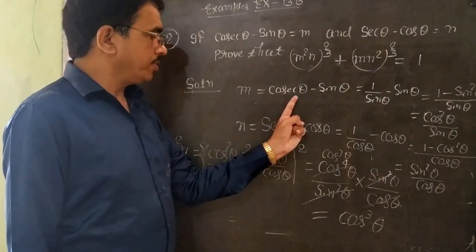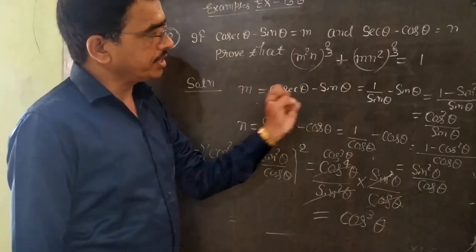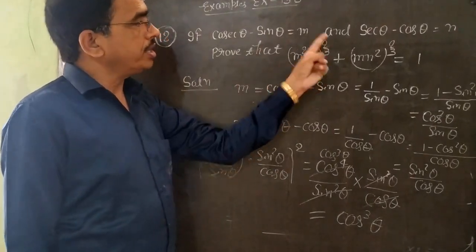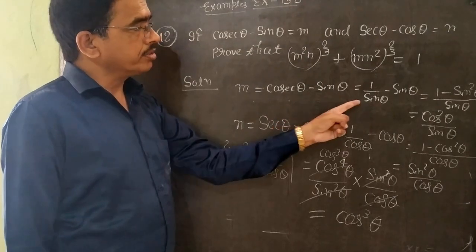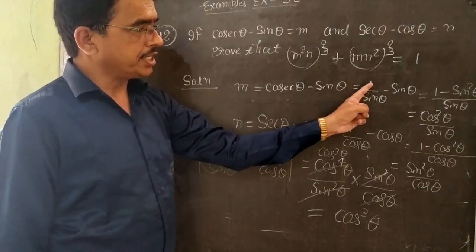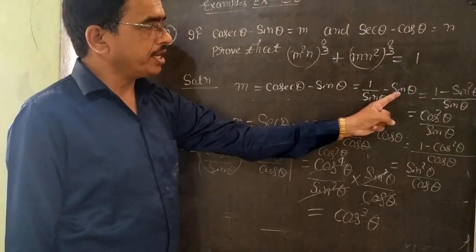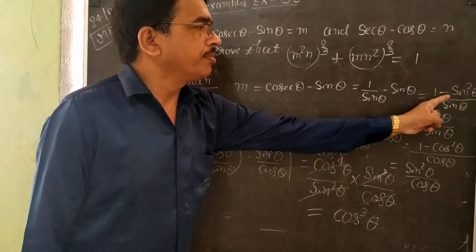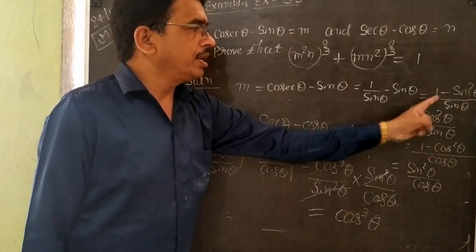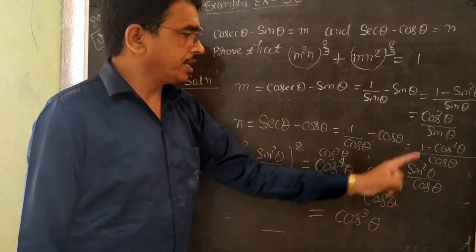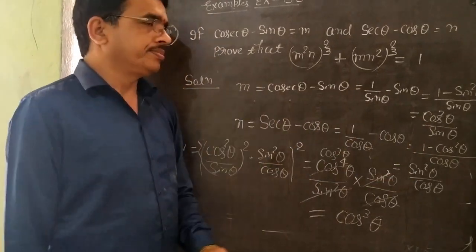It is equal to cosec theta minus sin theta. First you convert everything into sin and cos. So cosec theta minus sin theta, I change it, it is 1 by sin theta minus sin theta. LCM sin theta, that is 1 minus sin square theta by sin theta, and 1 minus sin square theta is equal to cos square theta by sin theta. It is the value of m.